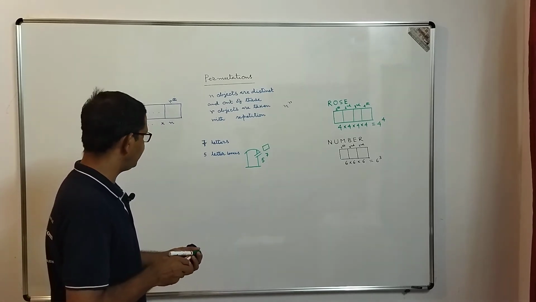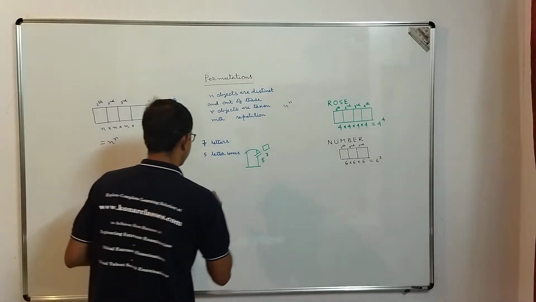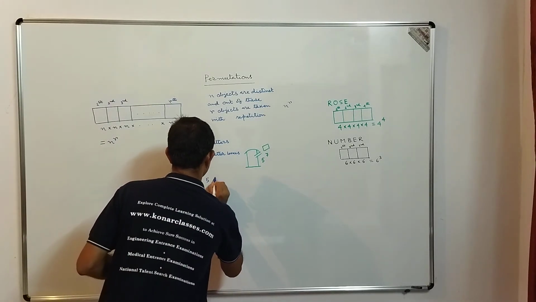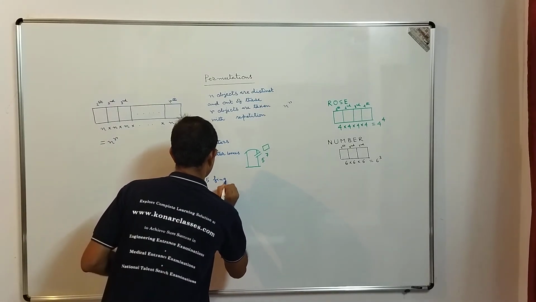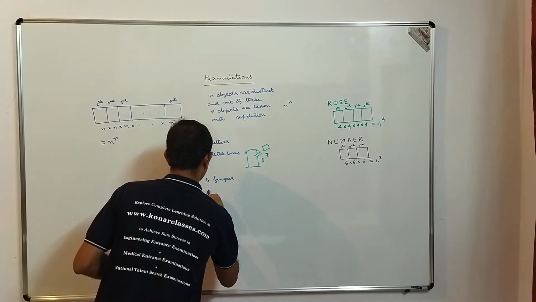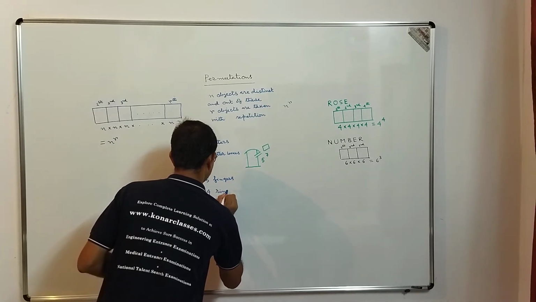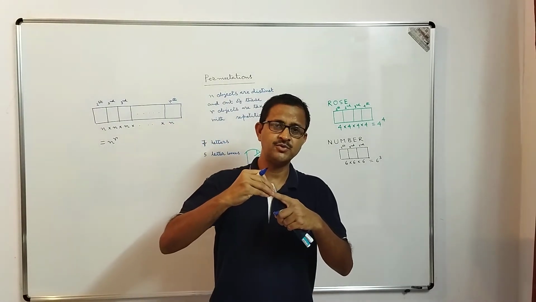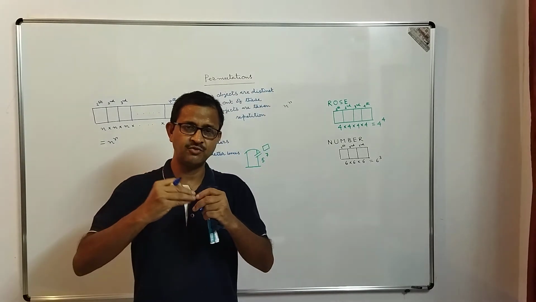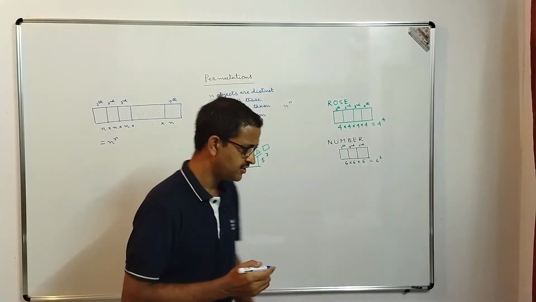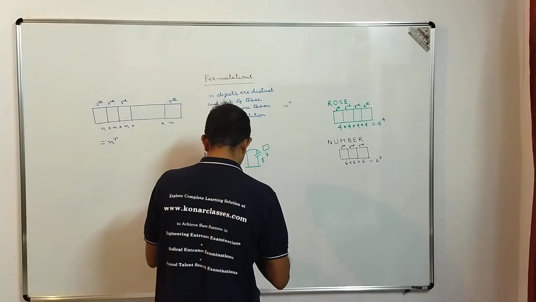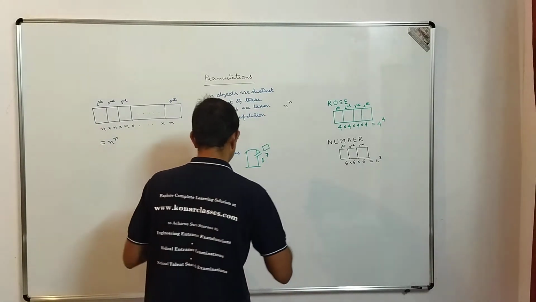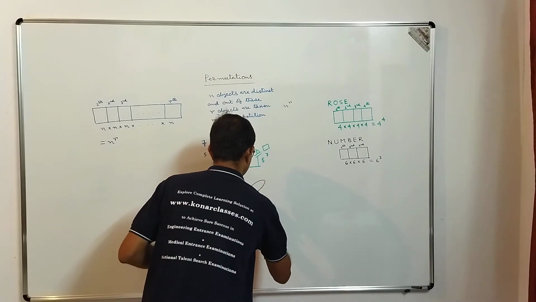A similar idea can be applied to another example. Suppose you have 5 fingers, and there are 4 rings. In how many ways can you place those 4 rings onto the 5 fingers? How does a finger look? A finger looks something like this, correct?